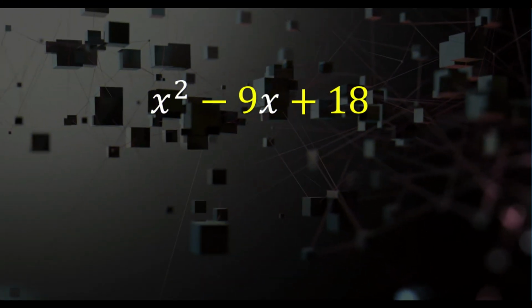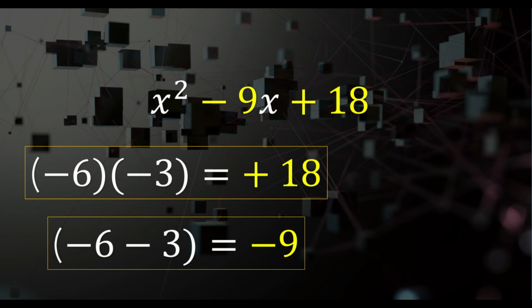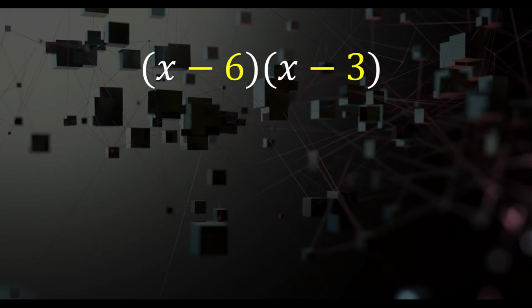Then think of factors of positive 18 that will sum up to negative 9. And that is negative 6 and negative 3, because negative 6 times negative 3 is positive 18, and negative 6 plus negative 3 is negative 9.